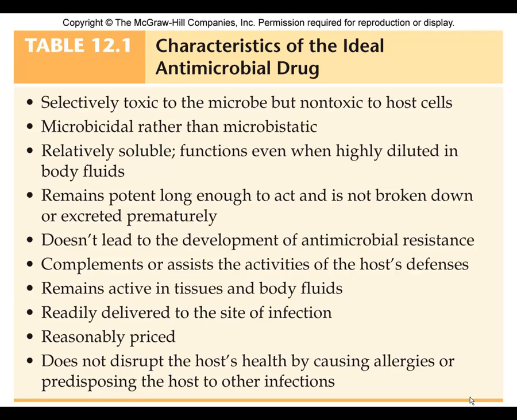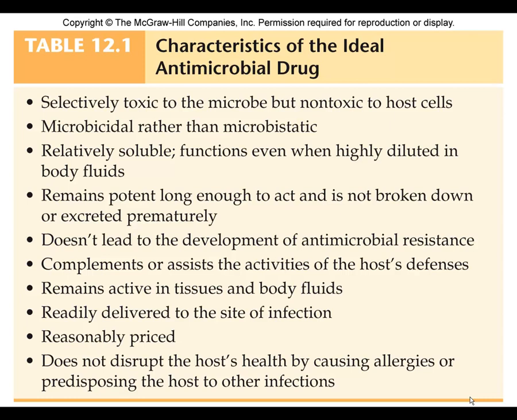If we look at this table, I don't believe this table is in your book anymore. This is one from a previous chapter, but I think, well, yes, it is. I'm sorry, it is on page 328. This basically gives us some characteristics of the ideal antimicrobial drug.